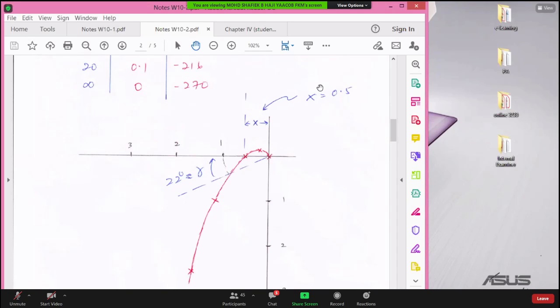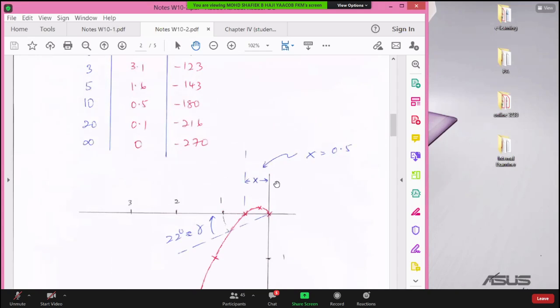So here you already have 0.5. You can only multiply by 2. If you multiply this by 2, then your x is going to be equal to 1, so that is already at the maximum value of k that you can have before becoming unstable.